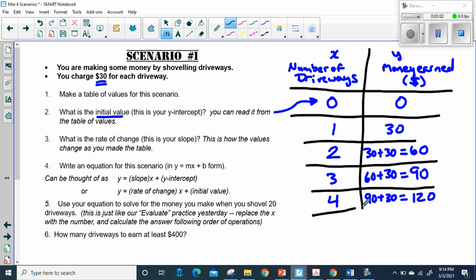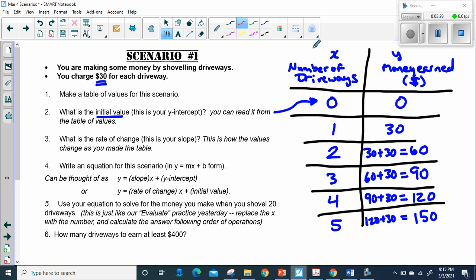Let's do one more just to finish it off because 5 is a nice number to finish things off with. So 5 driveways. We had 120 bucks. We're going to add another 30 bucks to our pocket. We got 150 bucks in our pocket, people. That is fabulous. Well done.